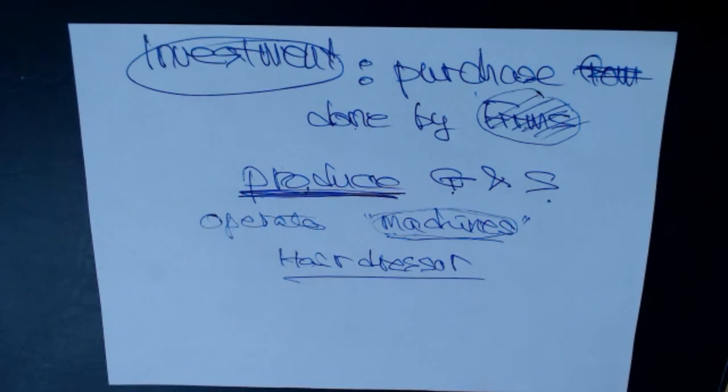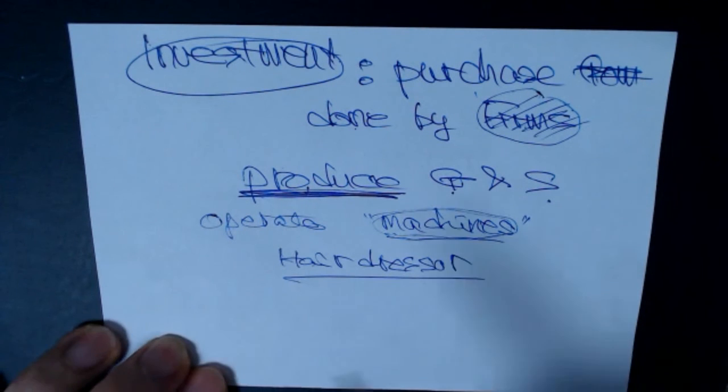But no hairdresser cuts or treats your hair with bare hands. Even on the pavement, when you have a haircut, male students, that barber usually uses scissors and a comb. And if you want a shaving service, he must use a razor.